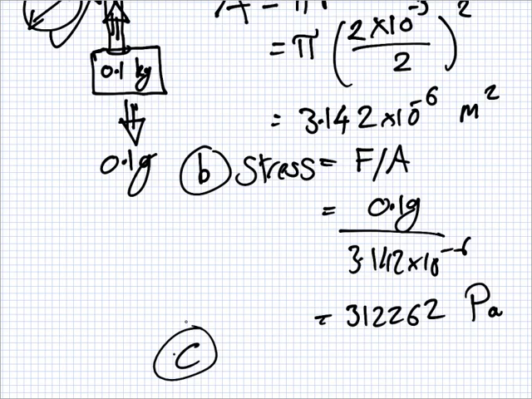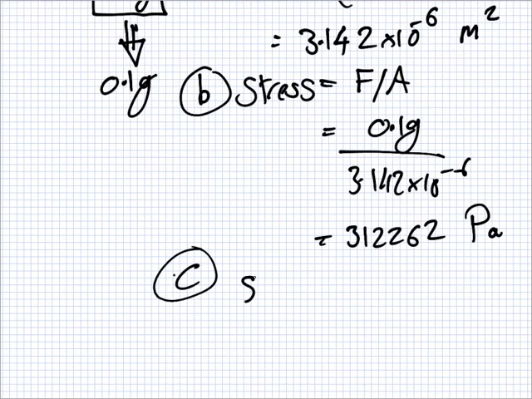Okay, continue. C. What's next? What is the strain? So the strain is the extension over the natural length. Do we know the natural length? No. Do we know the extension?